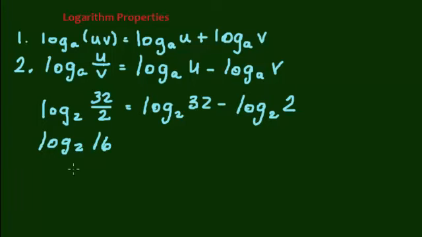How many powers of 2 is 16? That would be 4. Let's see if this does indeed equal. Log base 2 of 32 is 5, minus log base 2 of 2 is 1. Okay, so I am basically just subtracting these exponents, which is what a log refers to. And that's our second property. We'll be looking at the power property next.